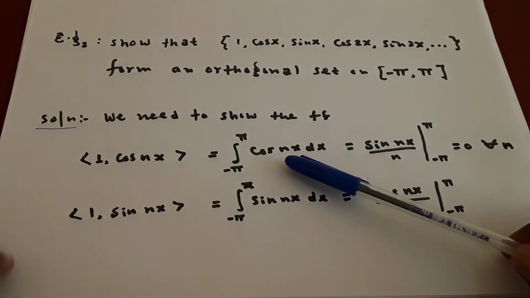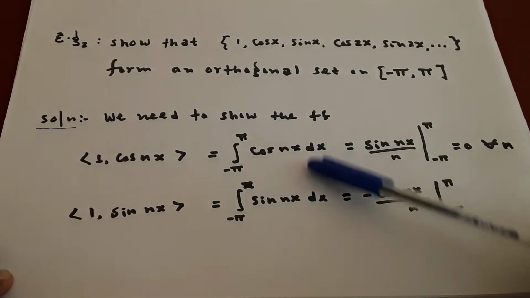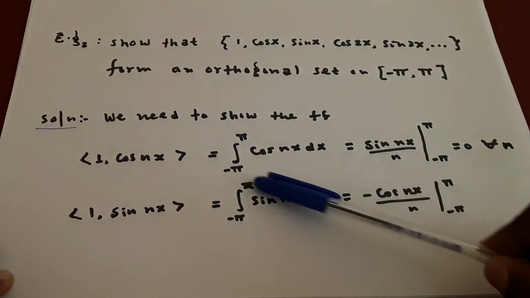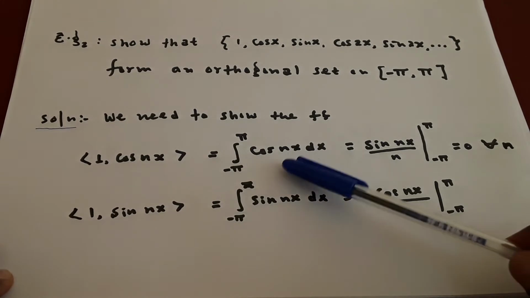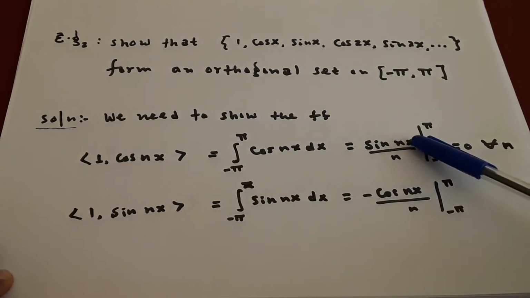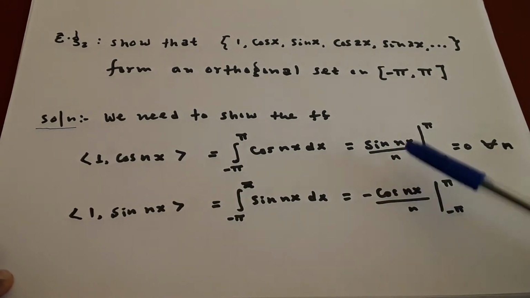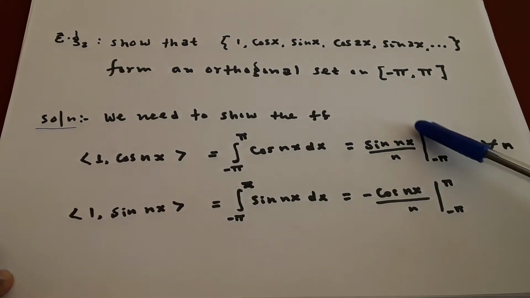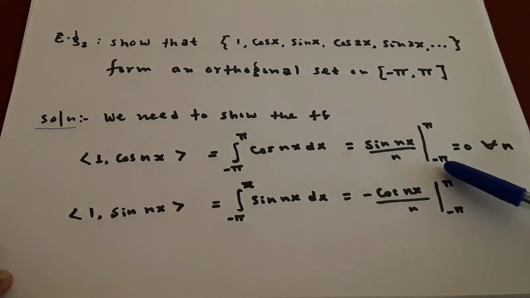I skip a big chunk of this work because this is elementary integration. So we get sine nx over n, evaluated at pi and again at minus pi. Sine nx at pi is sine n pi, and at minus pi it is sine of minus n pi.